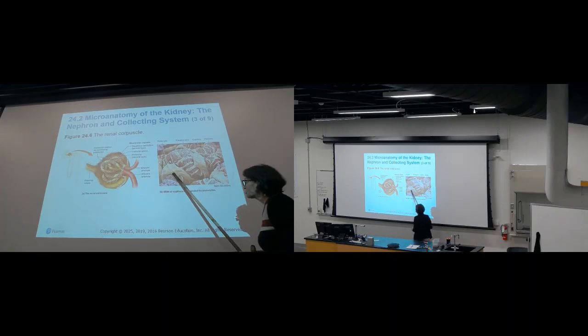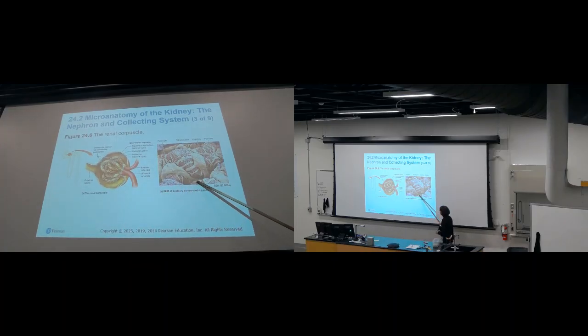So this is an actual supermagnification of this glomerulus surrounded by these podocytes. So this is like the largest part, like the body of the podocytes, and this is the pedicels. And all of this space in between is the filtration slit. So as the blood is passing by through here, you filtrate plasma.